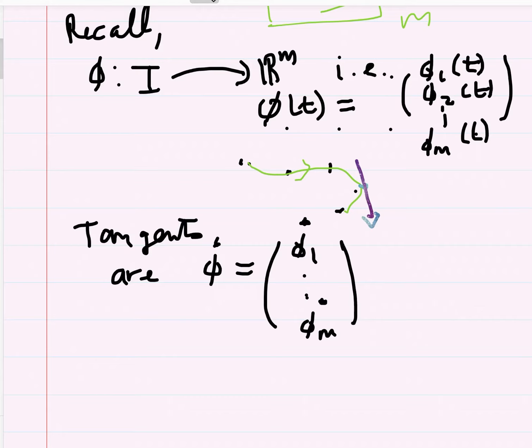Now, because of the discrepancy between this notation, you've got a point that's written in coordinate form and tangent vectors that are written in coordinate form. We will rewrite from now on the tangents in a different notation, using the partial derivative notation.